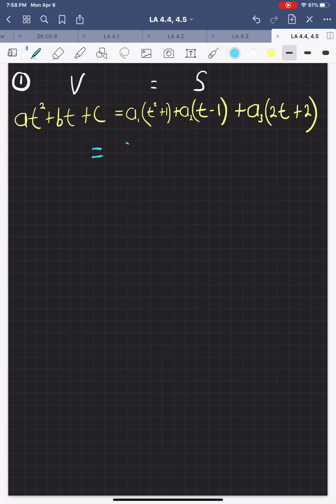So this would be a sub 1 t squared plus a sub 1 plus a sub 2 times t minus a sub 2, plus a sub 3 times 2t, and plus a sub 3 times 2, which I'm going to write as 2t a sub 3 plus 2a sub 3.